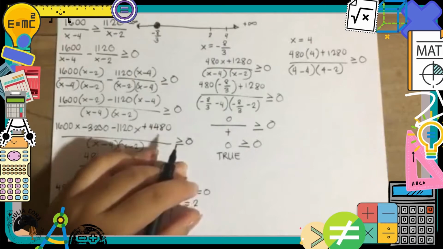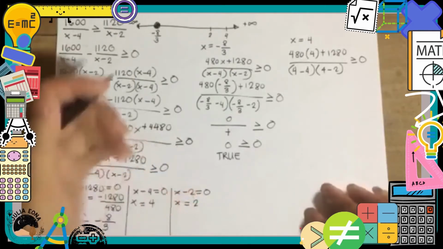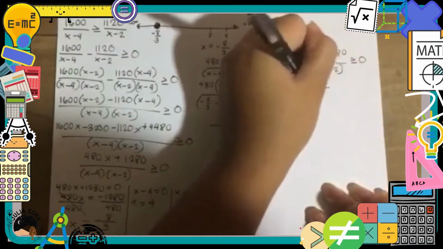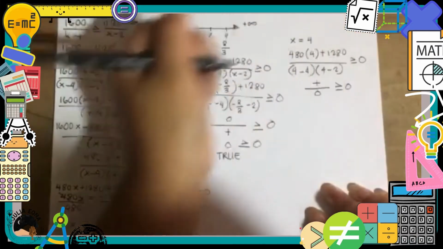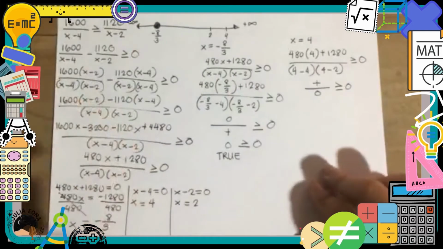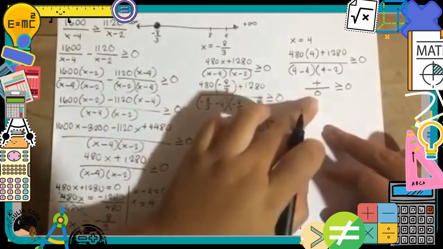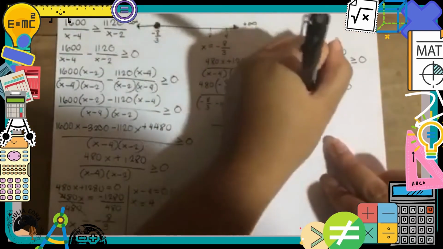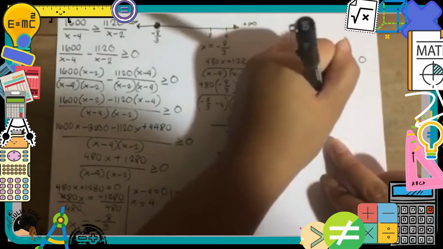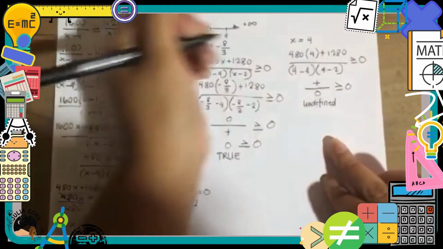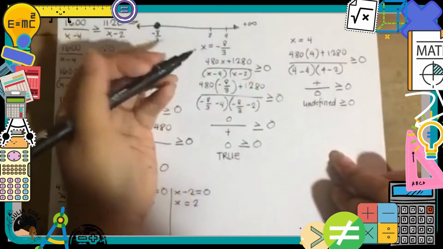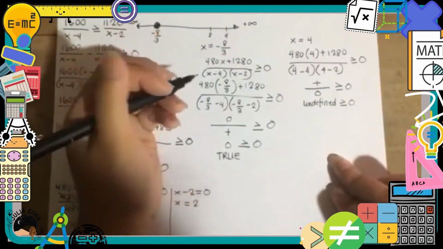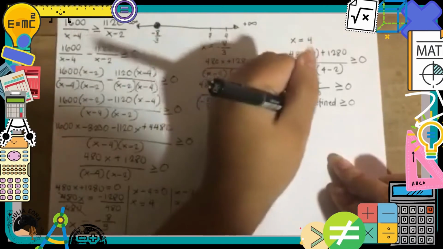So we are going to have positive over 0 greater than or equal to 0. Positive divided by 0 is undefined, greater than or equal to 0. So it is false.